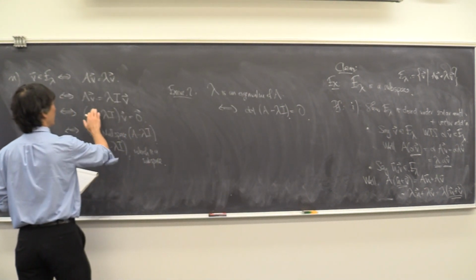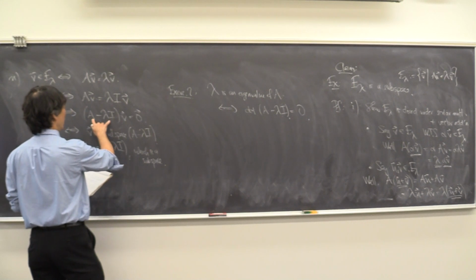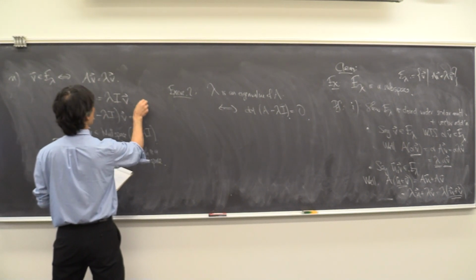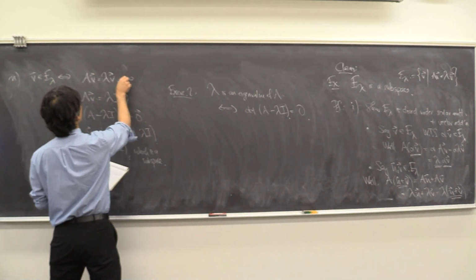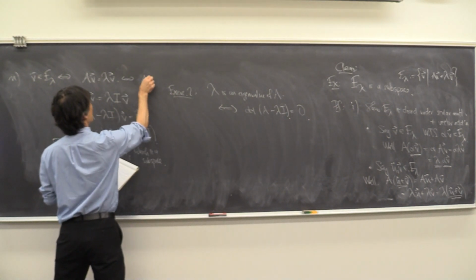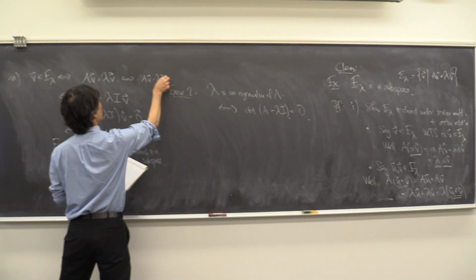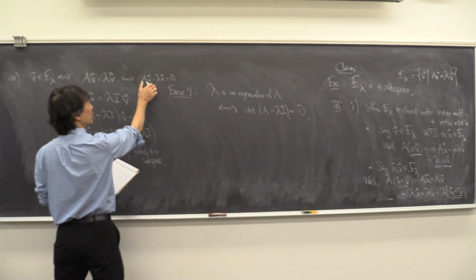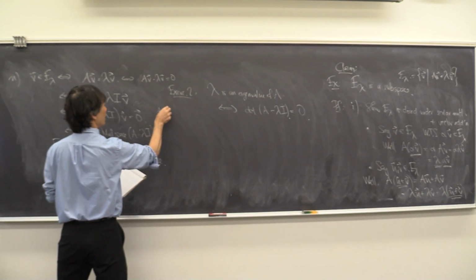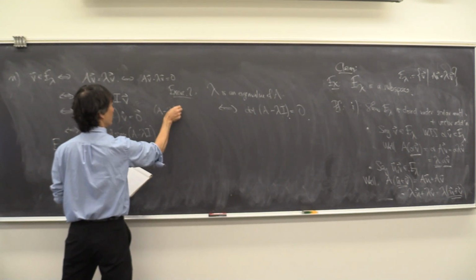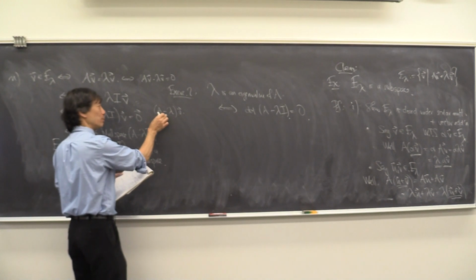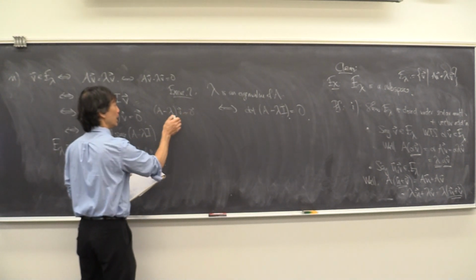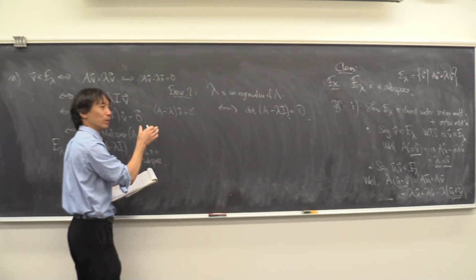If I did it this way, AV minus lambda V equals 0, and I factor out, now it's a matrix minus a number times the vector equals 0, and I can't talk about the null space of a matrix minus a number.